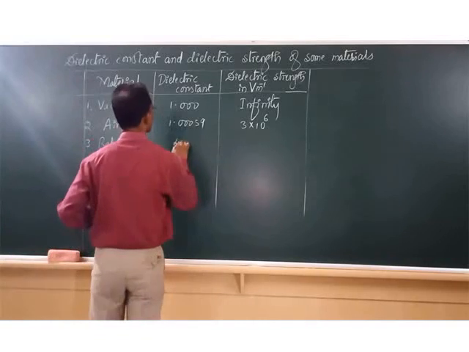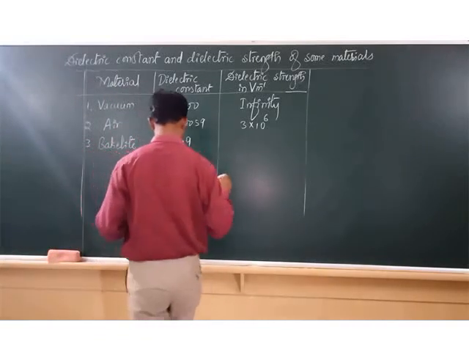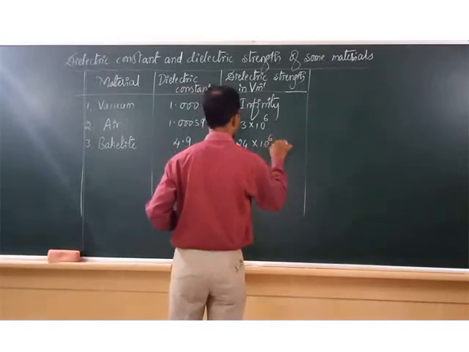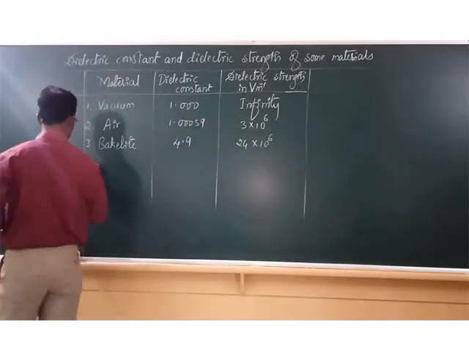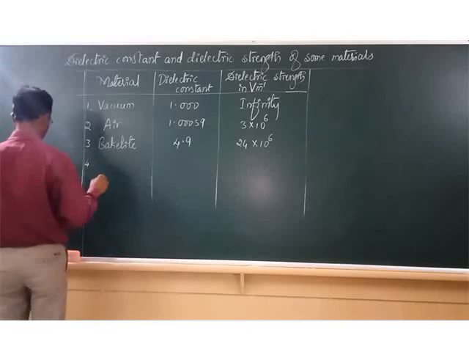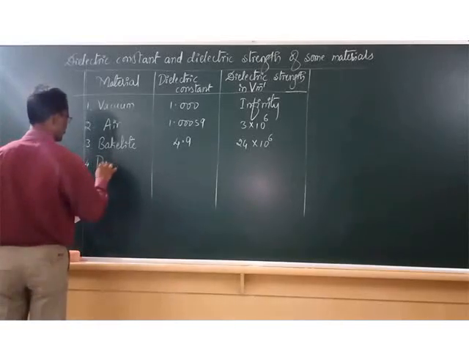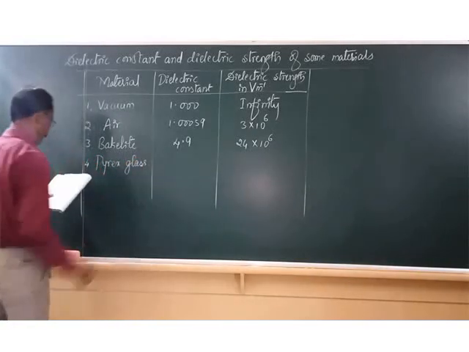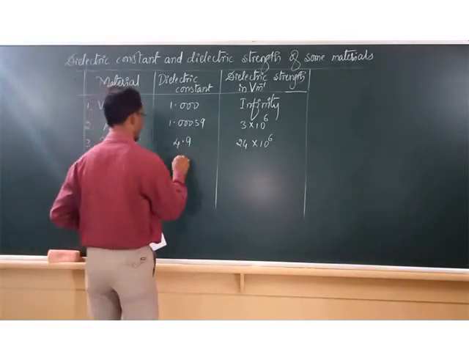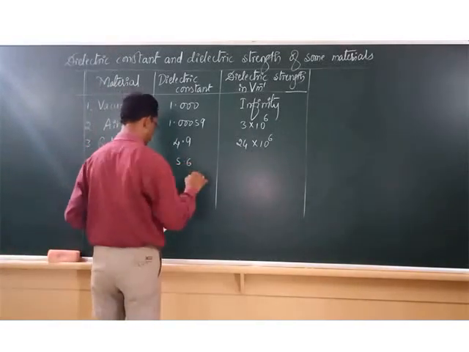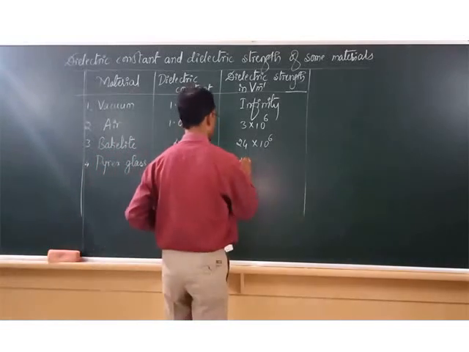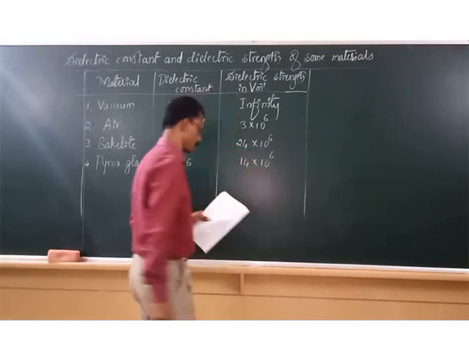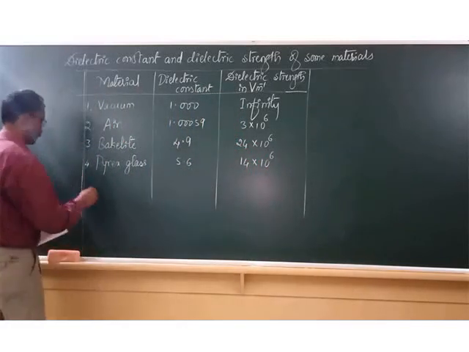Its dielectric constant is 4.9 and its dielectric strength is 24 into 10 raised to 6. The fourth one is Pyrex glass. Its dielectric constant is 5.6 and its dielectric strength is 14 into 10 raised to 6 volt per meter.